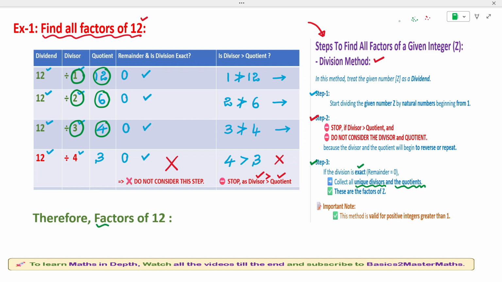Therefore, factors of 12 are 1, 2, 3, 4, 6, and 12. Got it?